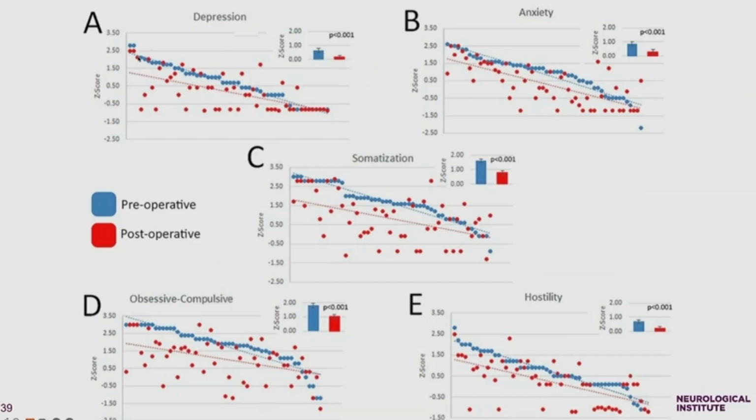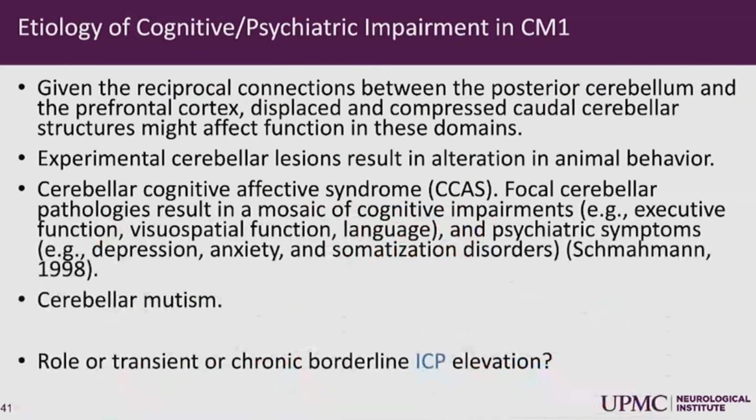So why do patients with a Chiari have cognitive and psychiatric complaints? Well, one thing that we're learning more and more is that there are a lot of connections between the cerebellum and different parts of the brain. So obviously, if the cerebellum is not working properly, is under pressure, then there are symptoms in the brain that can be affected. Lesions in the cerebellum can also affect behavior in animals.